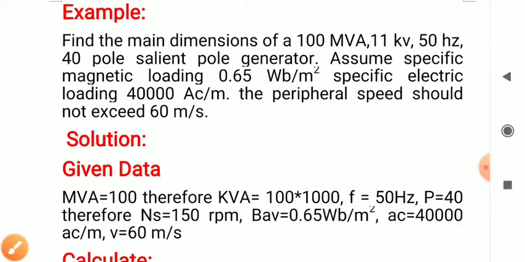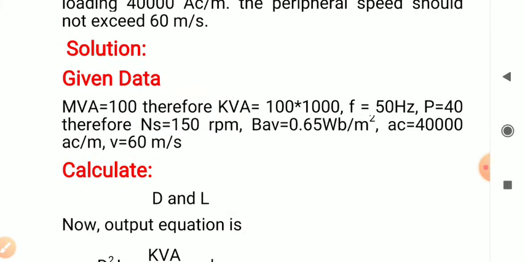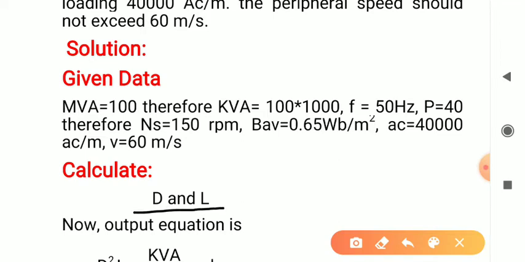And we need to calculate here the main dimensions, that is D and L, and we will calculate these main dimensions D and L from the output equation.